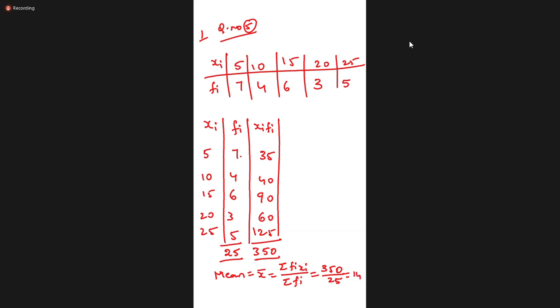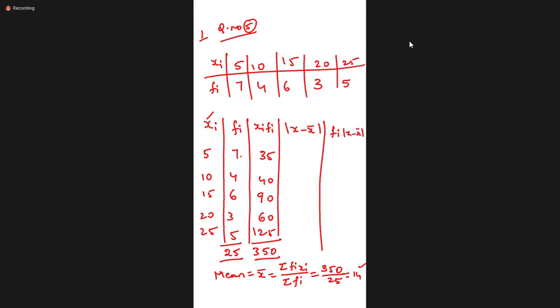This is your x bar. Now we have to find mod x minus x bar. X means this, x bar is this one. So what you are getting for mod x minus x bar, that you have to write. Next, one more column will come, that is fi into mod x minus x bar.